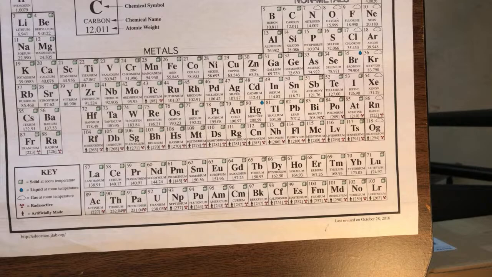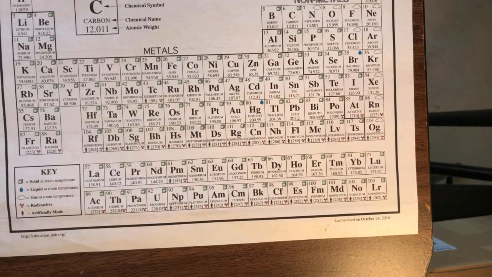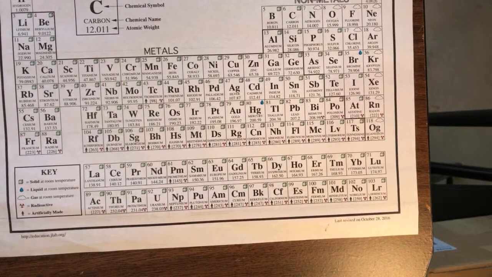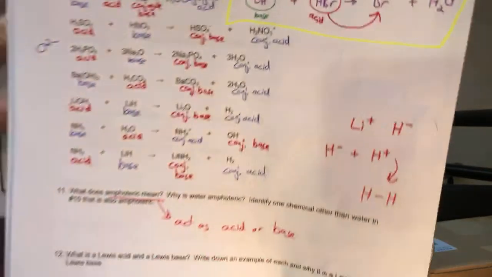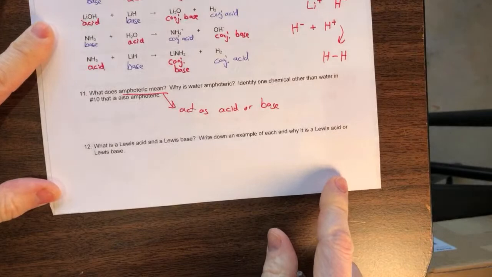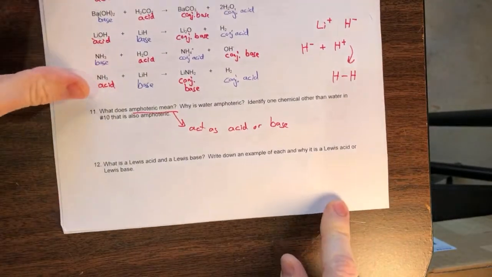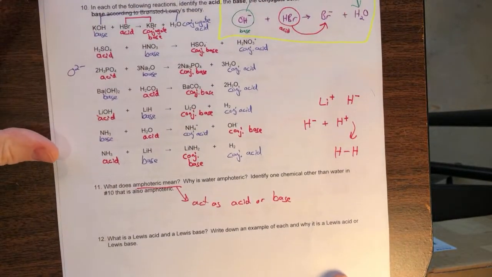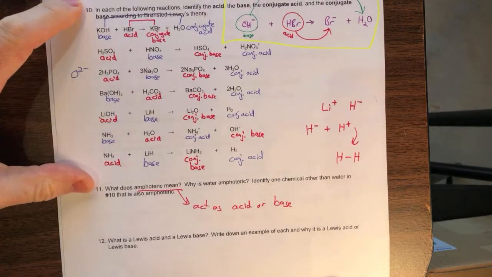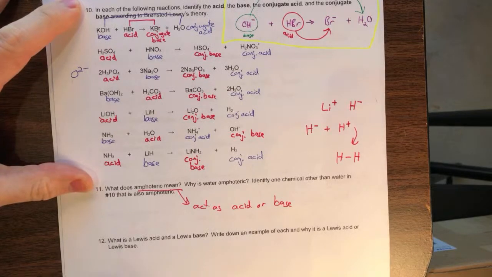Okay? But before we do that, I want to get back to what we were talking about last time. We almost finished the homework last time, and I just want to finish that up today before we start the new stuff. So here we are. Last time, number 10 of the whole questions is probably going to be the most important in terms of making sure you get this.